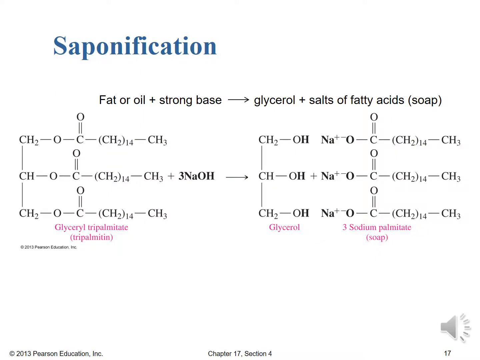Okay, and here we see that the general scheme is a fat or an oil, a triacylglycerol, which would either be a fat from animal sources or an oil from plant sources, plus a strong base gives rise to glycerol, plus the salts of those fatty acids, the soap. And so we see here glycerol tripalmitate. That's going to be a nice saturated fat, so that's going to give us, when we combine it with 3 NaOH moles, we get the glycerol and we get 3 sodium palmitate residues, which will give us a nice hard solid soap.